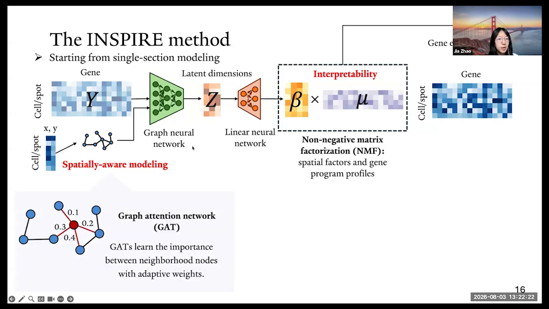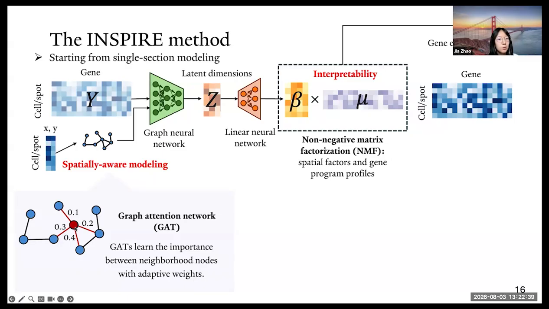Because every cell is located spatially and within a certain microenvironment or niche, to handle this type of data, it's really important that each time we focus on the center cell.